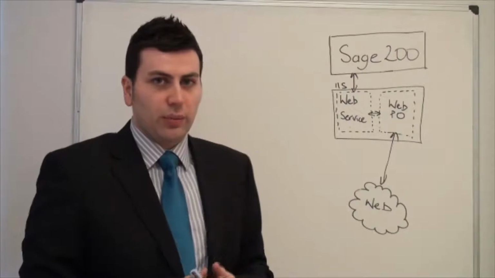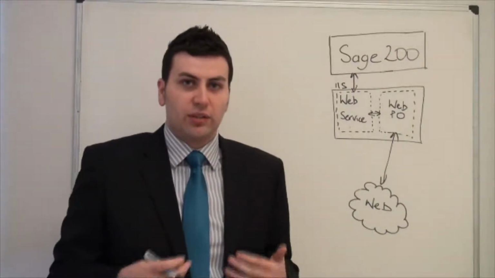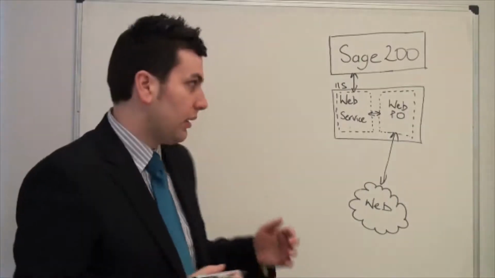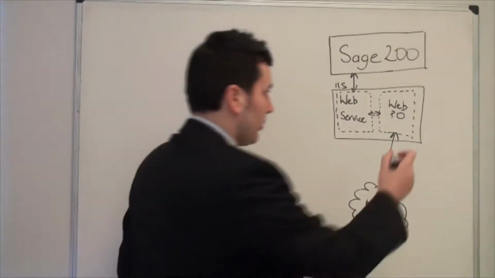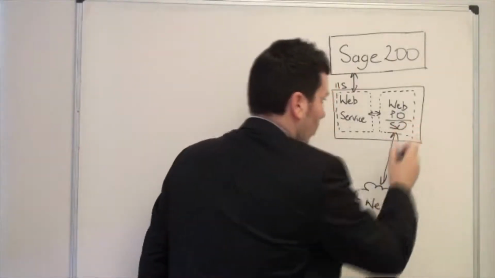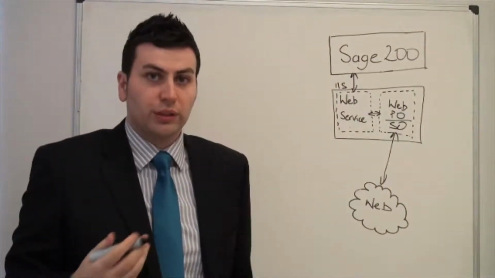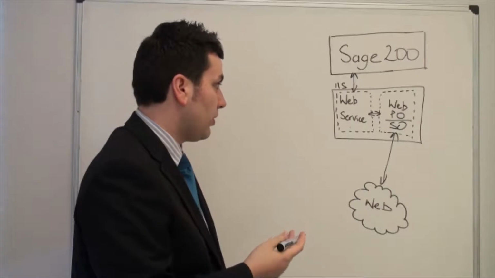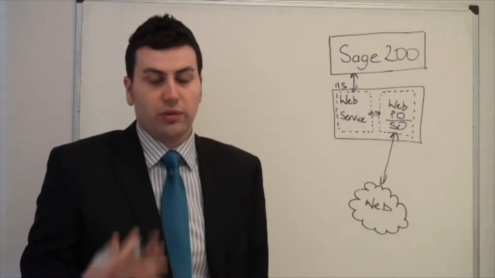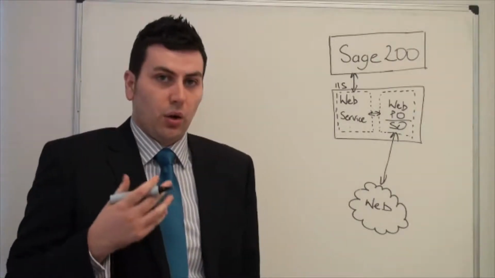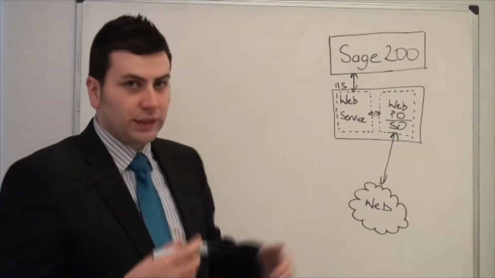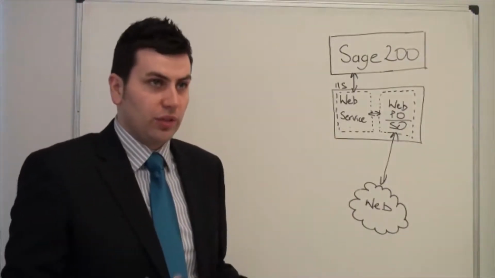One of the advantages of the web service is this engine allows us to expand and add other elements into it. So eventually, in the next coming months, we'll have Web ESO, which will be our sales order entry system. It will allow you to create sales orders, view customer information, all again from a web interface. But the web service again allows us to connect other modules to Sage 200.